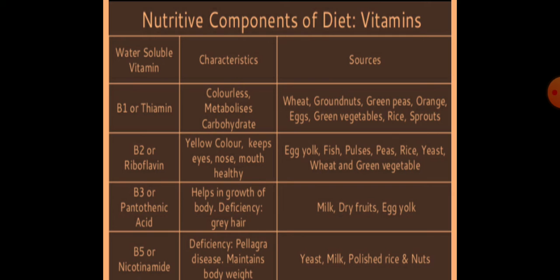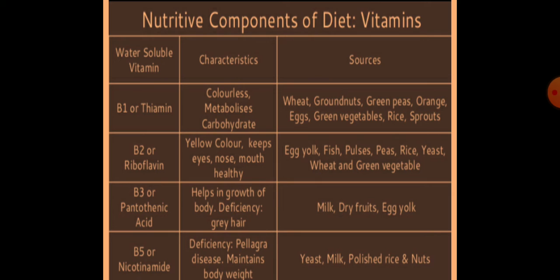Vitamin B2, riboflavin, yellow color, keeps eyes, nose, mouth healthy. Sources are egg yolk, fish, pulses, peas, rice, yeast, wheat, and green vegetables. B3, pantothenic acid, helps in growth of body. Deficiency is grey hair.